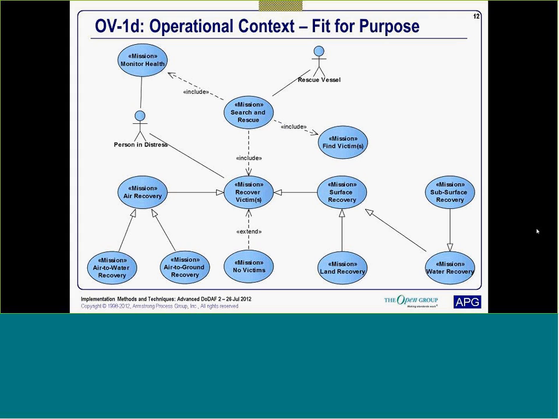That's certainly aligned with the definition of mission. And so we have the missions, the relationships to each of those missions, and the stakeholders that are involved in those missions. You won't find an OV1D specified in UPDM or DoDAF or MoDAF, but it's applicable here, and it is introduced as a capability of the language, and therefore the underlying language of UML and SysML that allows us to do this.